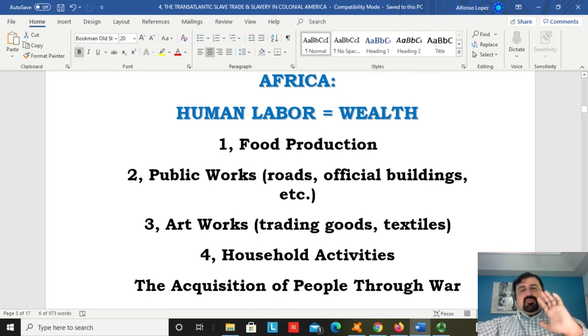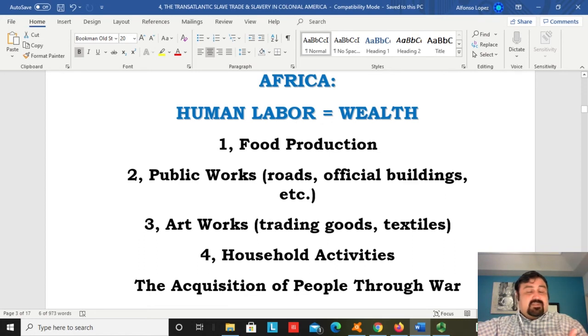So human labor, again, is considered the source of wealth in Africa because through that labor you can generate food. Okay, food production. That's why it's valuable, because if you're the leader of those people that follow you, then you can command people to produce food. How? Well, farming. You can actually command a group of people to go out into the woods for hunting wild game, fishing, and so on, so you can generate food.